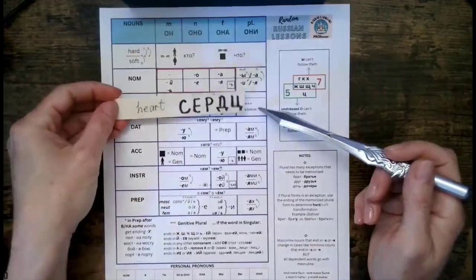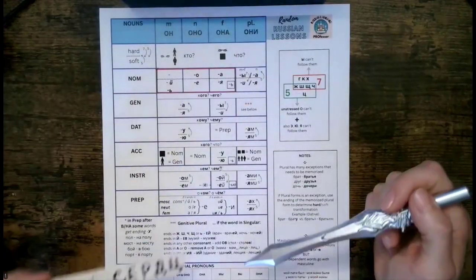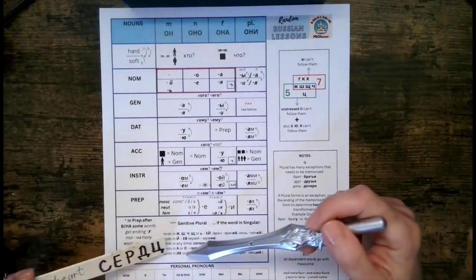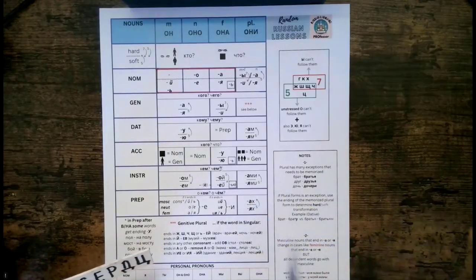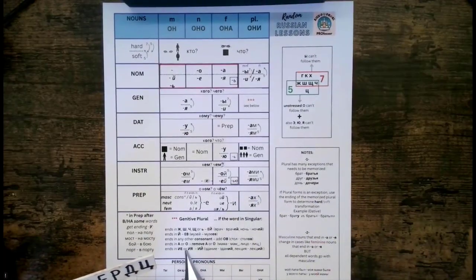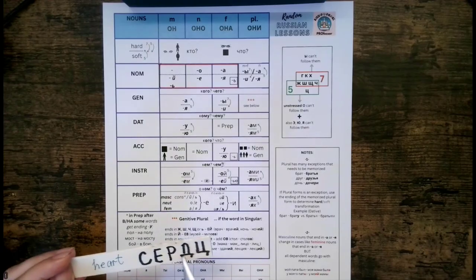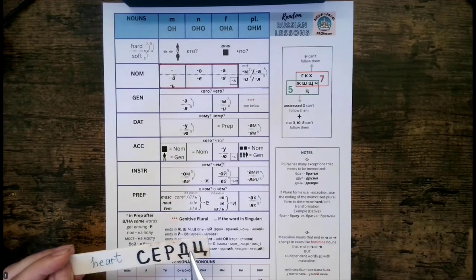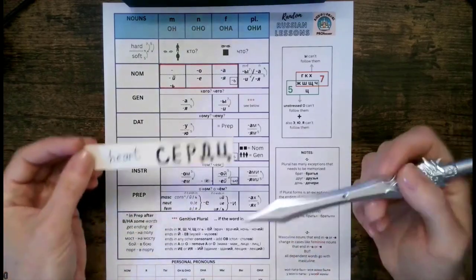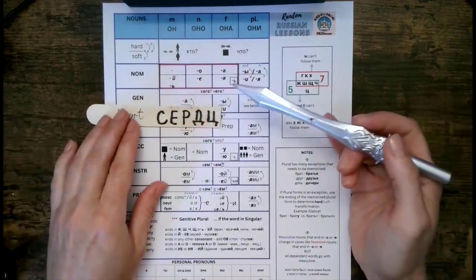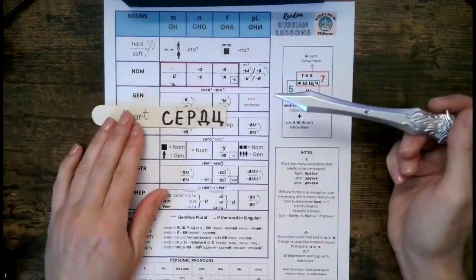For genitive plural, there are not that many words with ye, so I actually don't have the ending here, but it will be similar to a and o. I probably should add it when I edit it. Ye also disappears. It will be сердец, but there will be another letter here. Some words just change their form a little bit, but this chart cannot account for all of them.